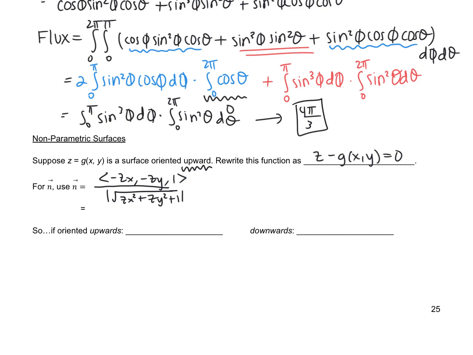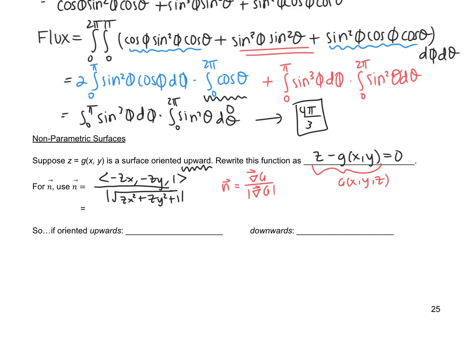Well then, if we call all of this g of x, y, z, the way that we can rewrite n is as the gradient of g over the magnitude of the gradient.